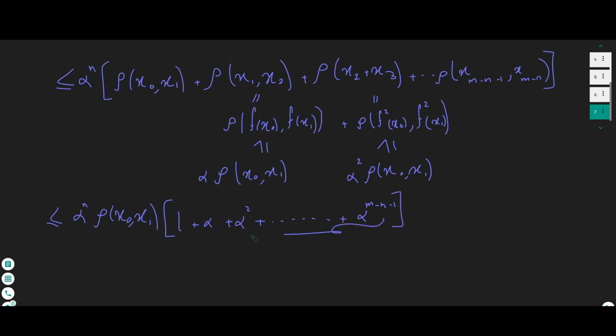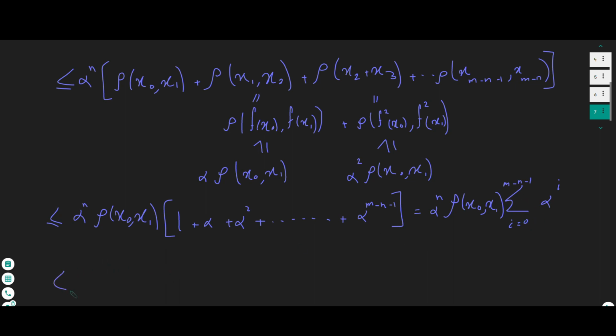All right? This is a sum. We can write that. This is equal to alpha to the power of n rho of x sub 0, x sub 1. And this sum could be written this way, from i equals 0 because we start with the 1 over here, to m minus n minus 1 of alpha to the power of i. Okay? Now, I can't calculate this, not easily. But what we can easily calculate is the geometric series, which is strictly greater than this one by virtue of just having more terms.